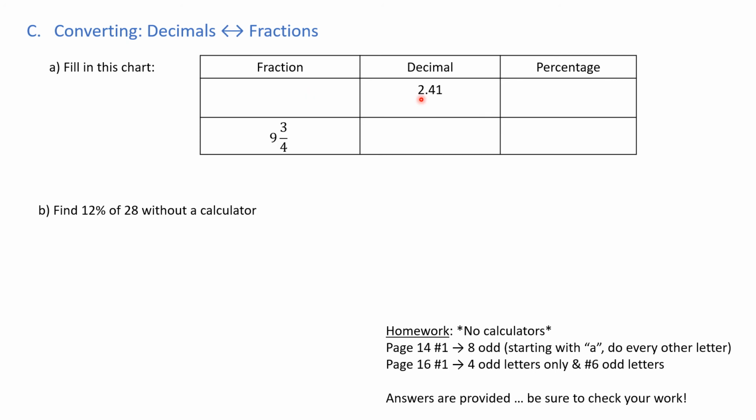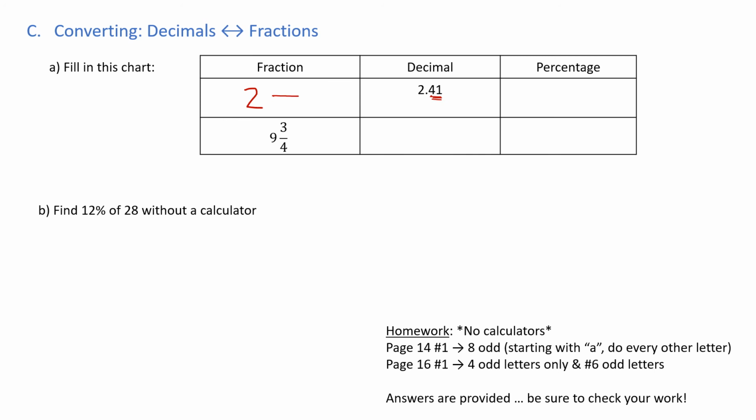First of all, we've got two wholes. So I'm going to write that down first under my fraction box. Now 0.41, there's a 4 in the tenths place, 1 in the hundredths. So we've got two decimal places, which means I'm going to do a mixed number here, and my denominator is however many decimal places I have.